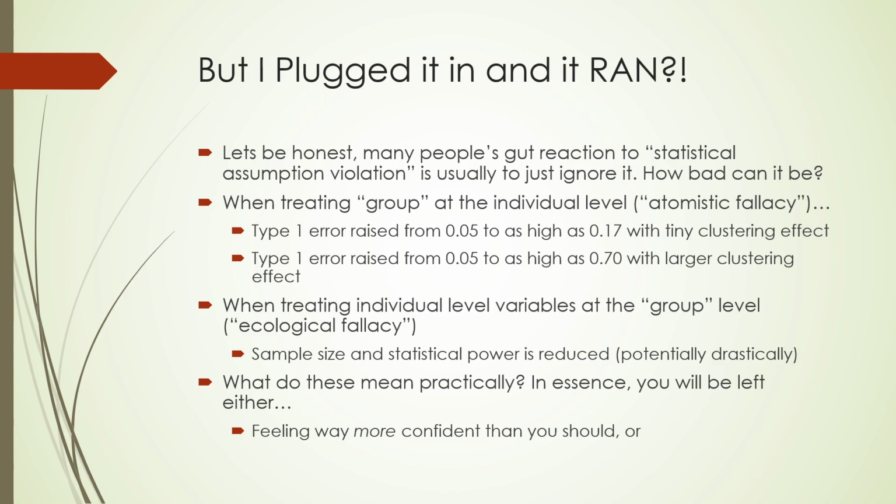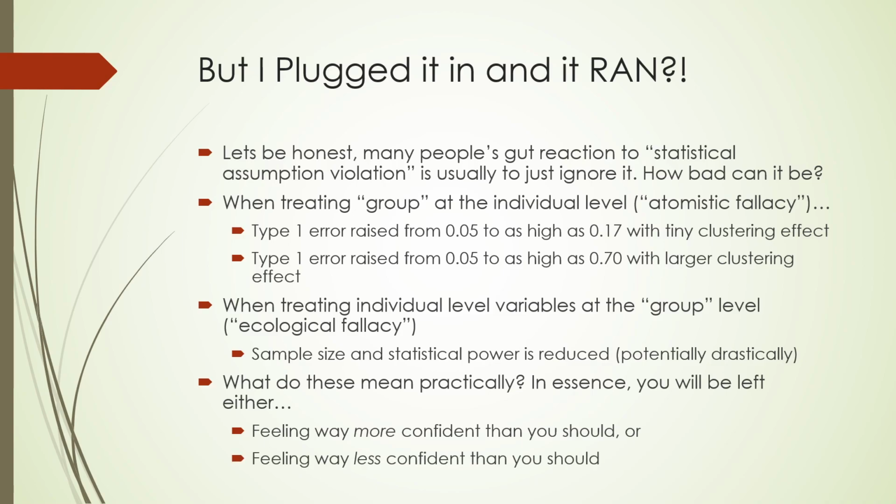So you're going to feel much more confident in your results than potentially you should be, and you're much, much more likely to find a statistically significant effect than you really should be. A lot of your statistically significant effects, if you did it the first way, probably aren't going to be statistically significant if you did it accurately, especially for your level 2 variables.